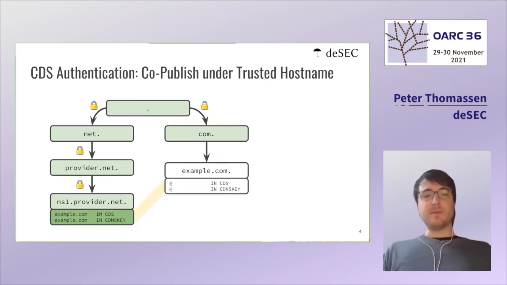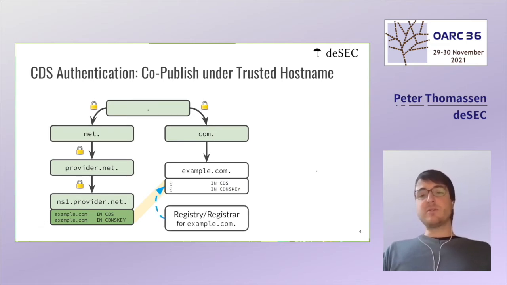But the DNS provider may add the CDS and CDNSKEY records to the customer zone, which is what there's an RFC for. And we're proposing to co-publish these records under the name server host name to use the DNSSEC chain of trust on the left here to validate what's in the child zone.